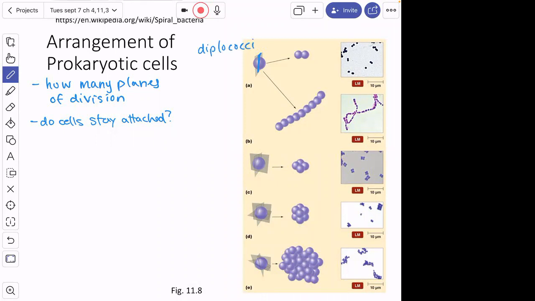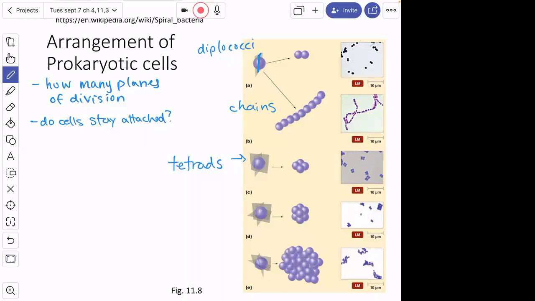These are all round cells to begin with. If it only divides in one plane and the cells stay stuck together for a long time, then they can form chains. We see that sometimes even in our micro lab. If the cells divide in two planes, you can see that right here, they tend to form packets of 4, which we refer to as tetrads.